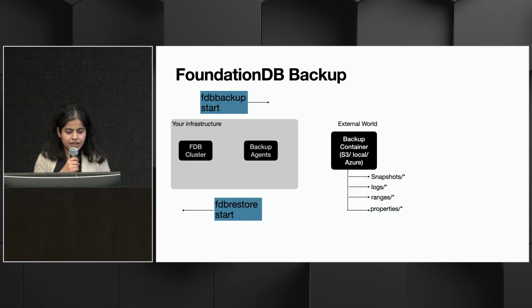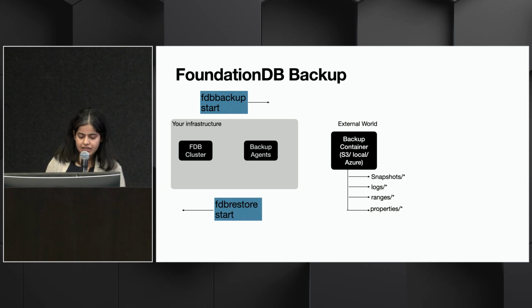If you look at the backup container, the layout is that there are 4 folders. First is the snapshot. It's basically a manifest file in JSON format, and it contains the list of all the range files which belong to that snapshot. Then we have KV ranges, which contain the actual key-value data.